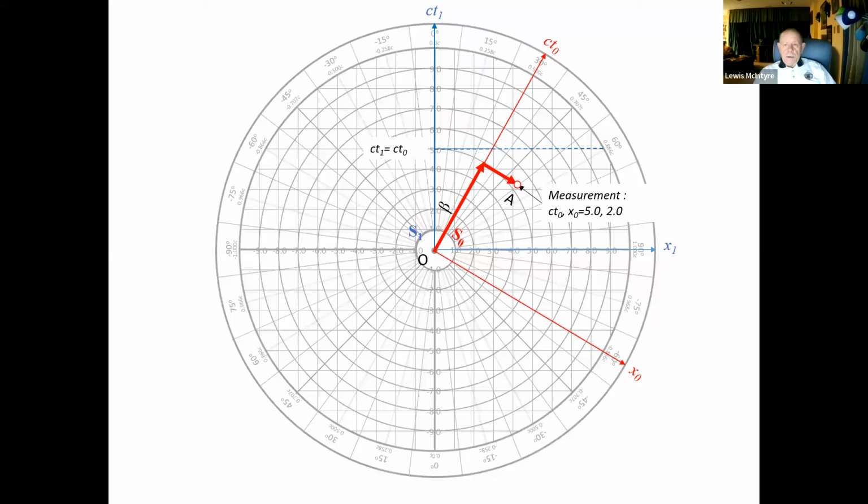First, you erect a temporary x-axis in the target reference frame S1 at CT1 equal to CT0, which is 5.